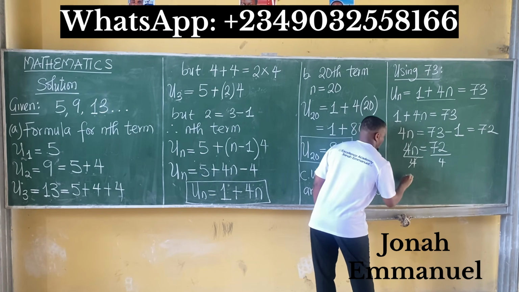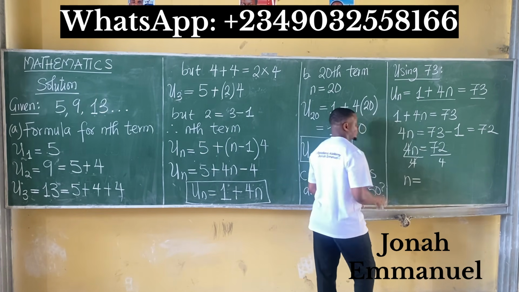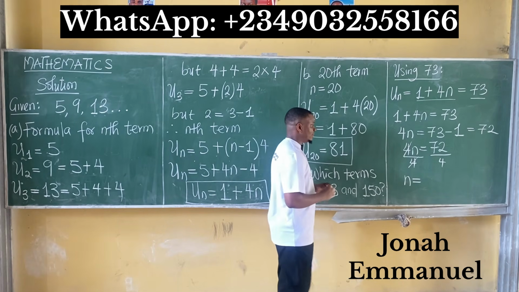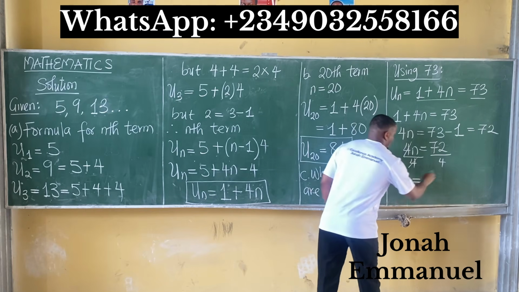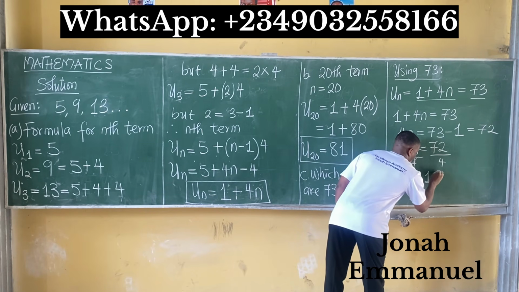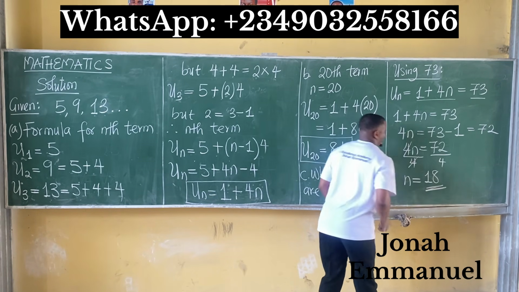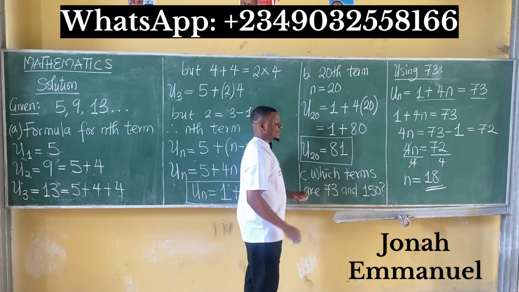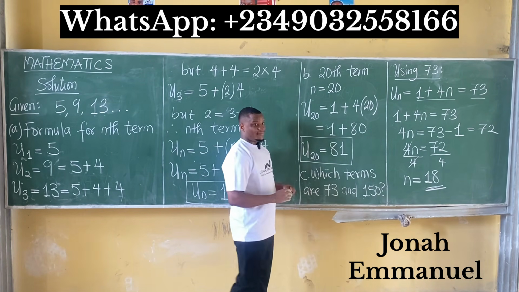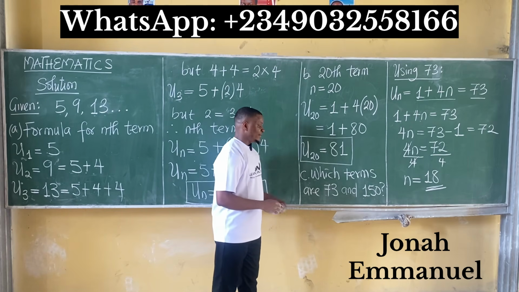This will cancel, so n is equal to 72 over 4. So this gives you an answer of 18. Hence, the term that will give you a value of 73 is the 18th term.